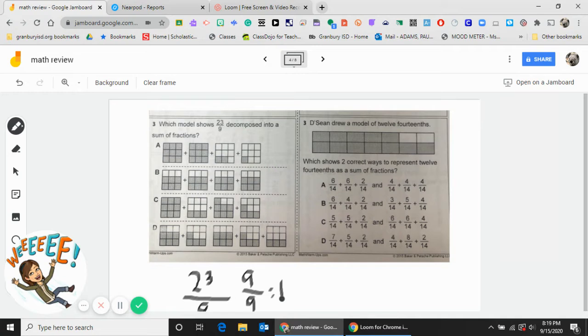That equals 1 whole. So if I take 9 pieces away from that 23, let me grab my eraser. And now I've got, quickly do the math, 14 left, right? Because right now I've got 1, and then I've got 14 over 9. Now, 14 is still larger than 9, so I can take another 9 out, can't I? So if I remove another 9 out of here, I'm down to 5. Oops.